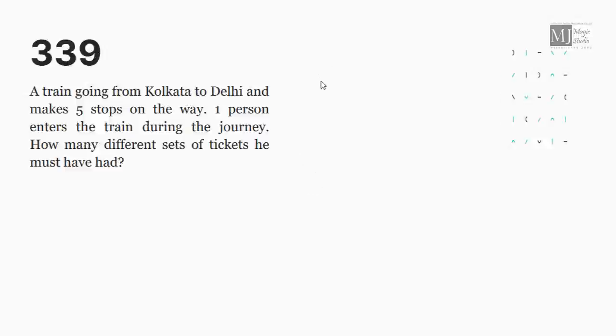Answer. A train going from Kolkata to Delhi makes 5 stops on the way: stop 1, 2, 3, 4, 5. One person enters the train during the journey.